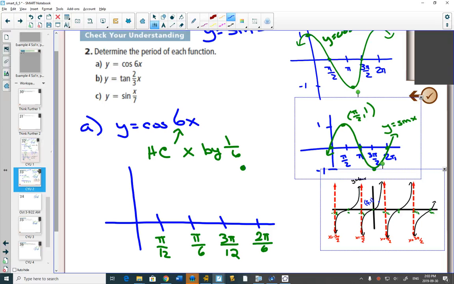Now, since we're multiplying our x coordinates by 1/6, our y coordinates do not change, so our maximum and our minimum will still stay at 1 and -1. We're drawing a cos graph which starts at a maximum, to the center line, to the minimum, to the center line, to the maximum.